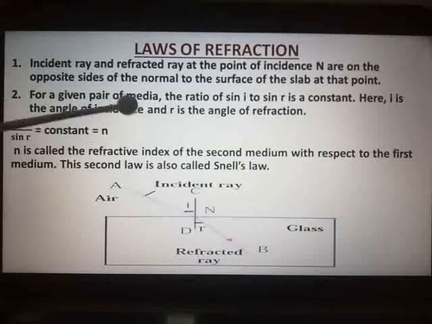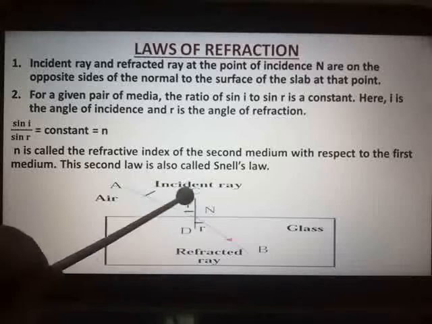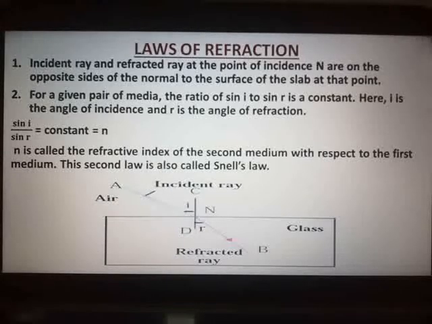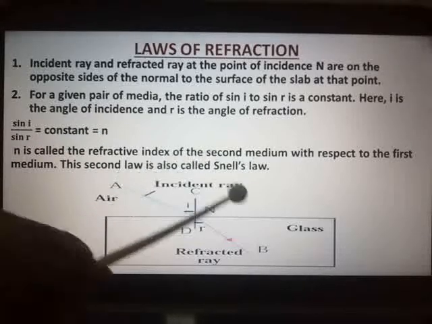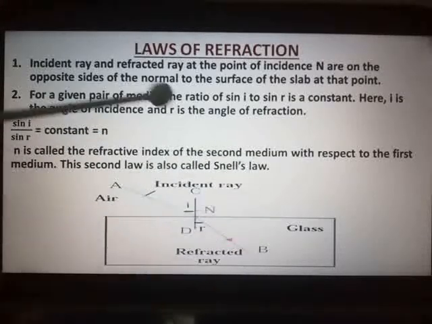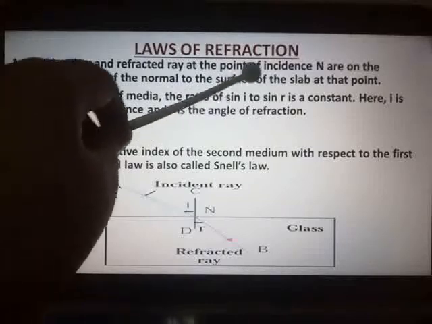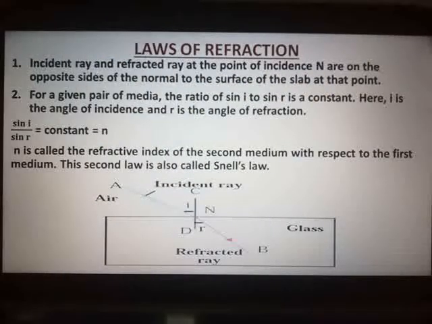And what you can say in the first point is that the incident ray, refracted ray and the normal all lie in the same plane. For a given pair of media, here the given pair of media is air and glass, the ratio of sin i to sin r is a constant.